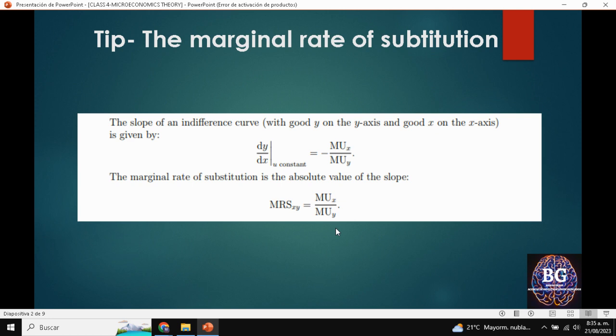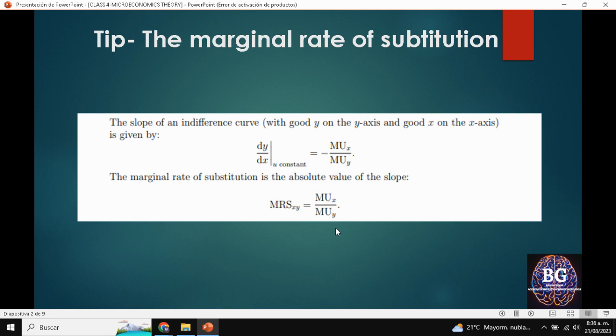Typically, preferences have the following property. Consider a point where a lot of Y and very little X is being consumed. Starting from any such point, a consumer is willing to give up a lot of Y in exchange for another unit of X, while retaining the same level of utility as before.